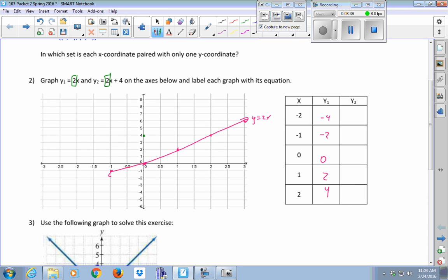So all it tells me is that this line, y2, is going to look exactly like the pink line, except for every single y value. Instead of here, my point is 0, 0. Now my new point will be 0, 4. My y value is just stepping up a little bit by 4 steps. My x values are staying exactly the same, but my y values are all getting bigger.